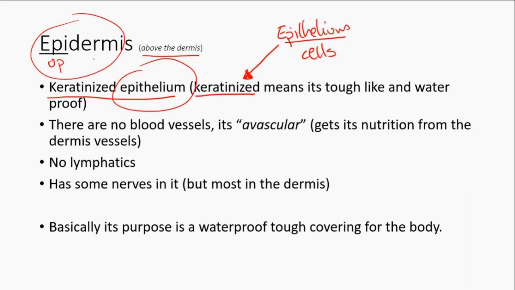Basically, they're dried out cells, and it creates this almost silky smooth finish to the skin on the top surface, and that helps with a lot of the skin's functions like protection and being waterproof, etc. We're not like sponges. If you go for a shower, you're not going to absorb all of the water like a sponge. You're going to be able to wipe that water off, and that's essentially what this keratinization of the epithelium does.